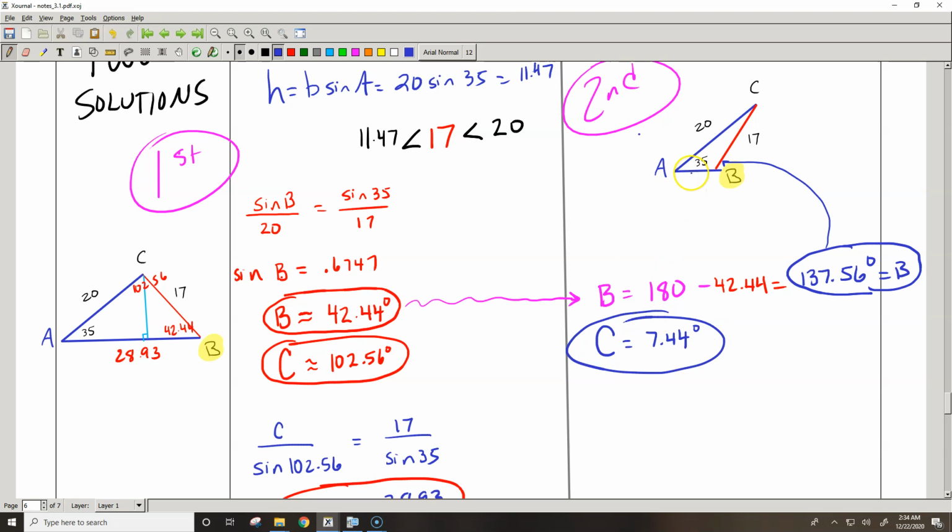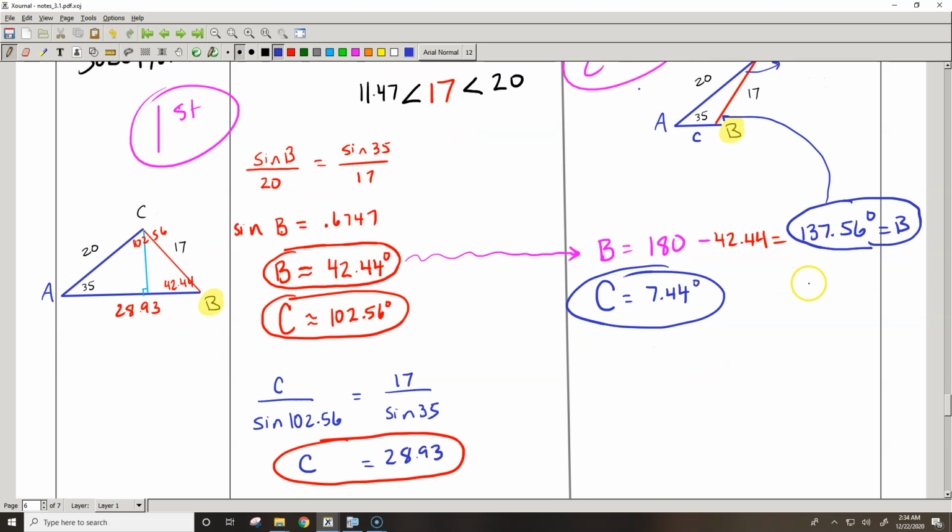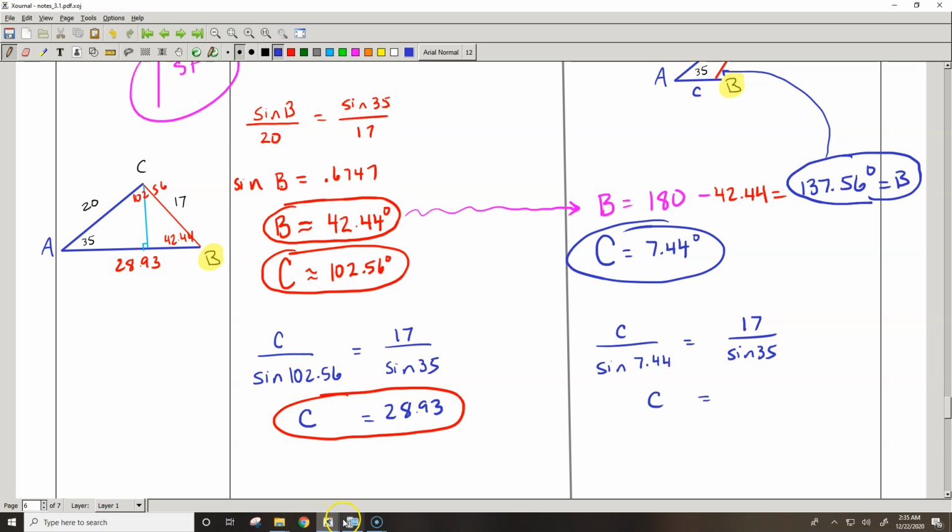Which means when we find this side C, it's also going to be pretty small. So I'm going to fill in my picture here, 7.44. And now we do the same thing, and I'd find side C, which is going to be C divided by the sine of only 7.44 equals 17 over sine 35. And we solve for side C again.